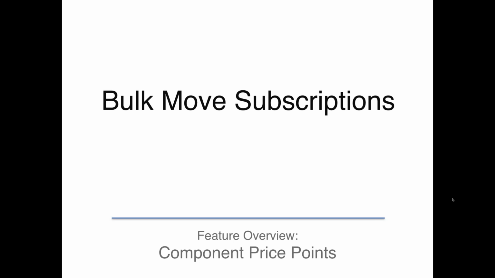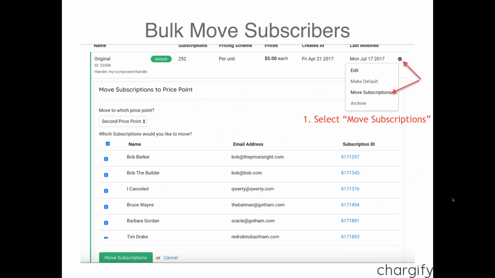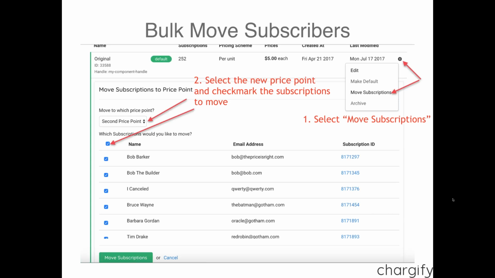Now let's look at some actions you may want to take. For example, bulk moving subscriptions. This is best if you have many custom products and you want to consolidate, if you want to organize your reporting, or if you want to clean up your long list of products within your account. So once you get the subscribers on a particular component, you could click the cog icon next to that red arrow and then simply select Move Subscriptions.